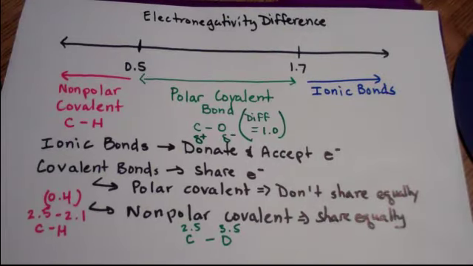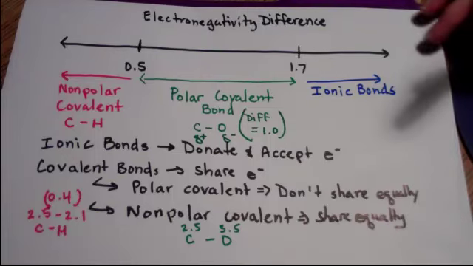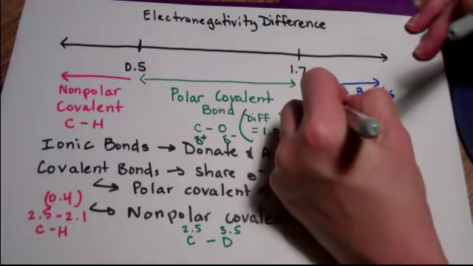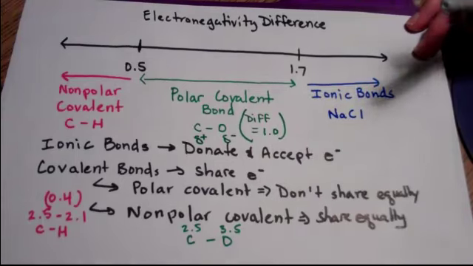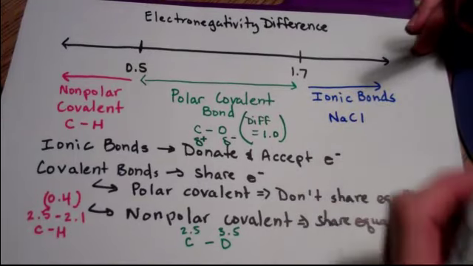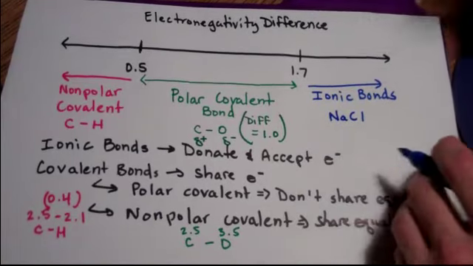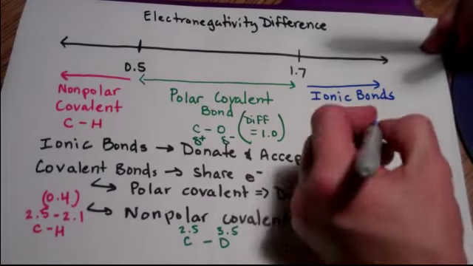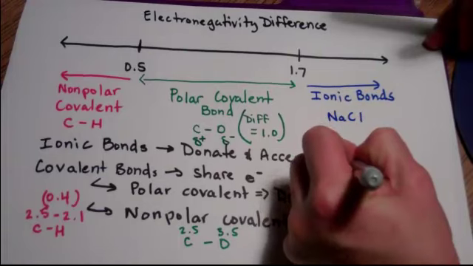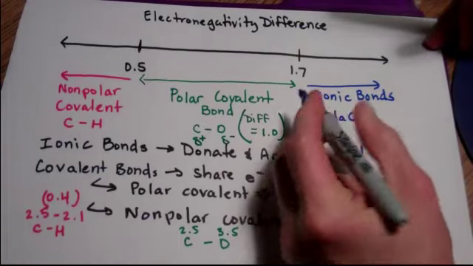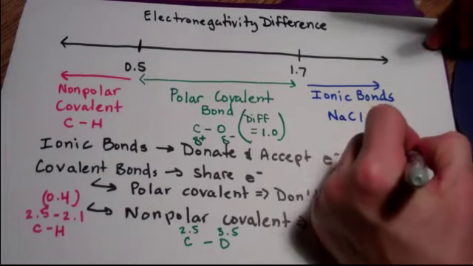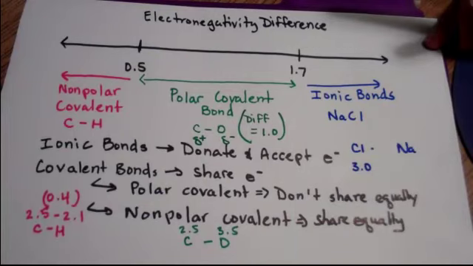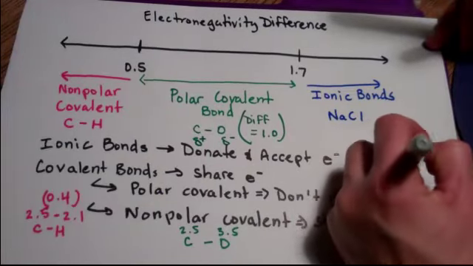And then our sodium and our chlorine are very good examples of when we have an ionic bond that's occurring. So the chlorine is up at 3.0 in its electronegativity value. So chlorine has 3.0, and the sodium is at 0.9.